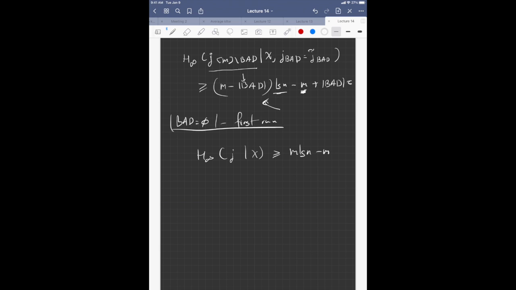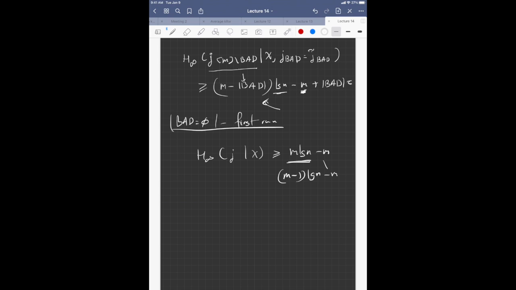Now what I'm saying is that once you identify a bad row, we are not looking at this universe, we are looking at a restricted universe. We are only considering m minus 1 coordinates. So this drops to m minus 1 times log n, and the amount of information I say should not be minus m, because minus m was on all these rows 1 to m, but now we have decided the first row is a bad row and we have chucked it out, and that bad row amounted for tau bits of information.